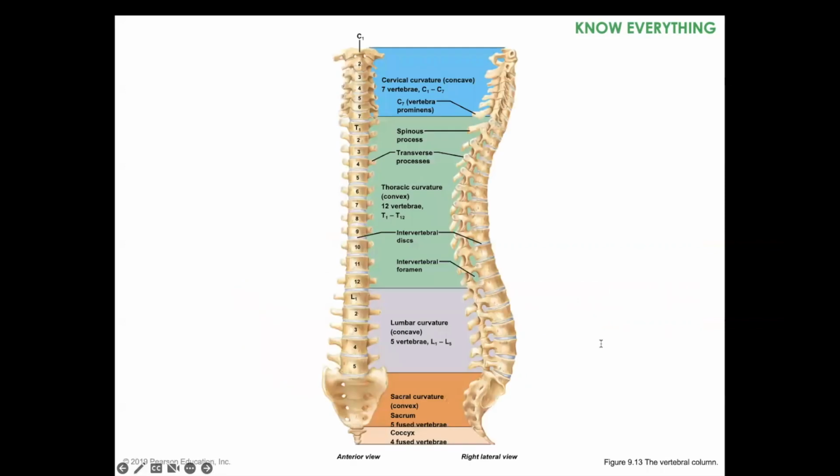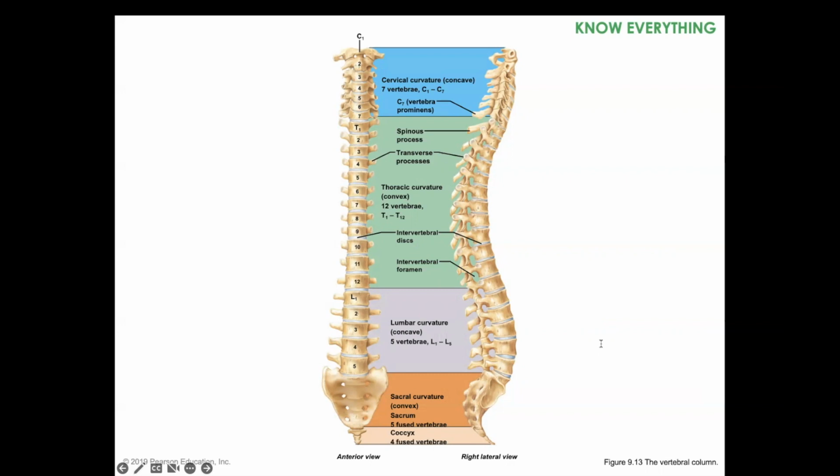All right, so now we're going to move on to the vertebral column. So there are 24 vertebrae plus the sacrum and the coccyx. The vertebrae are broken up into three main parts and then two subparts. The three main parts are your cervical, your thoracic, and your lumbar vertebrae, or curvatures.